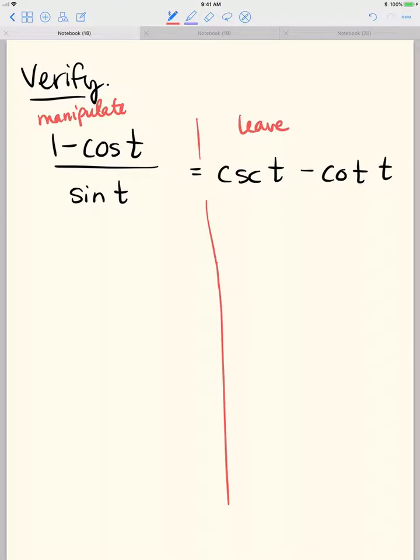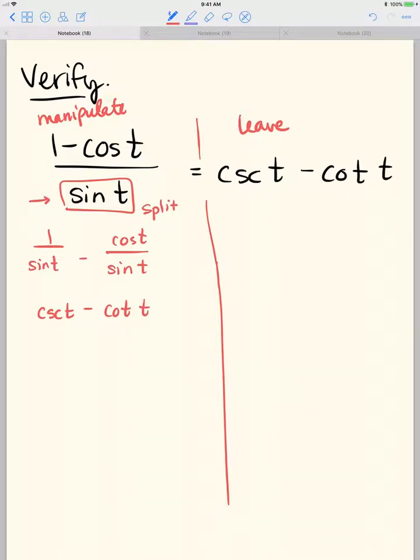I can't really replace anything yet, but I am going to note that I have a single item in the denominator. So I can split up my fraction and do 1 over sine t minus cosine t over sine t, which I know is backwards a lot of times when we do fraction work. So if I do that, 1 over sine is cosecant, and cosine over sine is cotangent. And now that's what we needed it to equal.